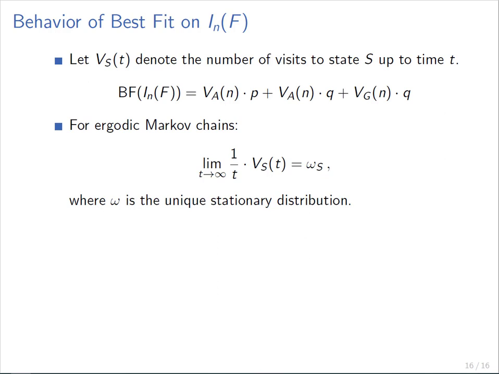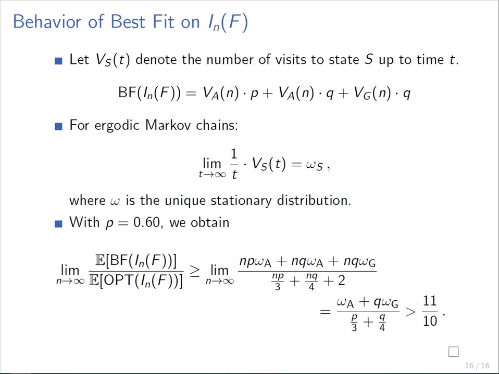The Markov chain which we consider is ergodic in fact, and so the following holds. The term 1/t times V_S(t) converges to omega_S, where omega is the unique stationary distribution of the Markov chain.